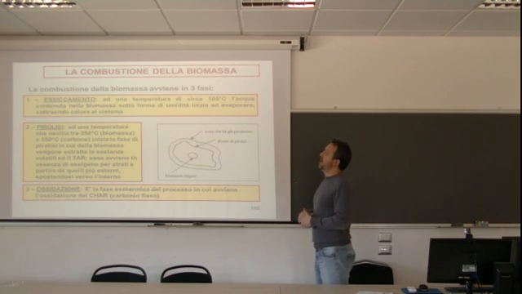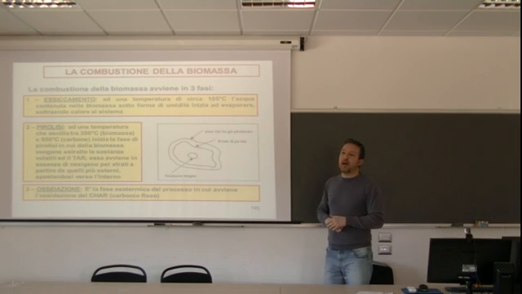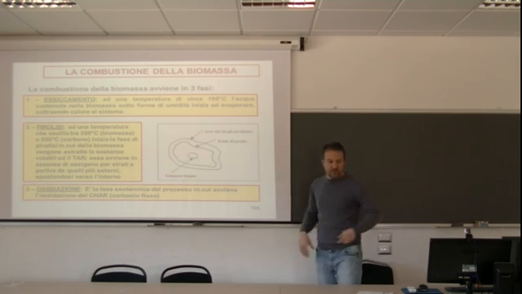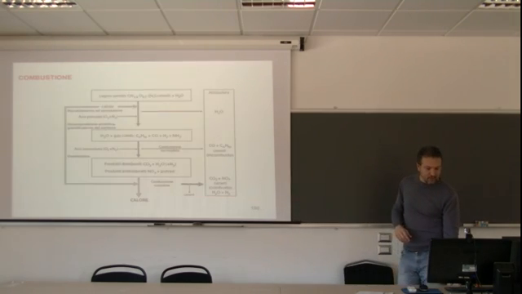Okay, this is, in a very simplified scheme, the 3 steps that we have in every kind of combustion, from the pellet stove in our home to a big industrial plant. We have the same process.